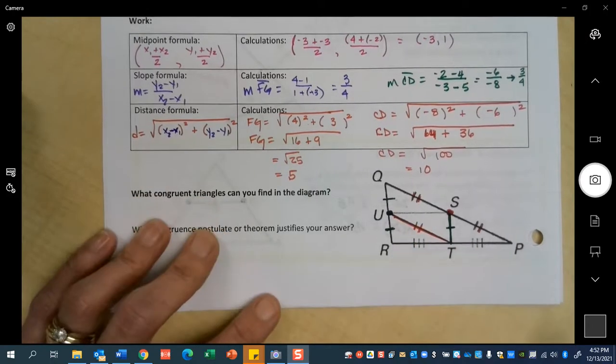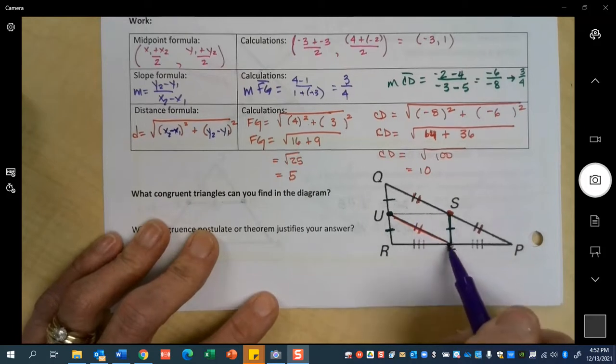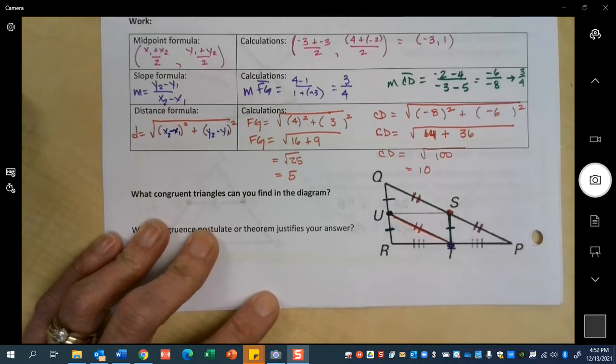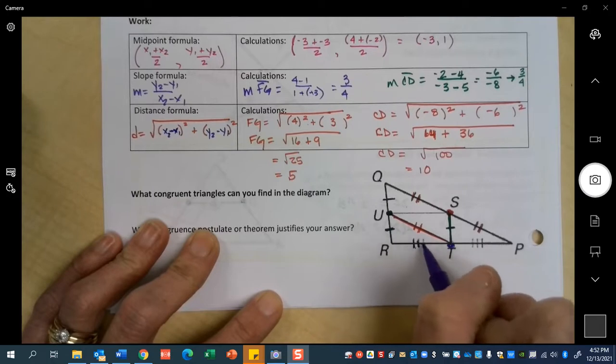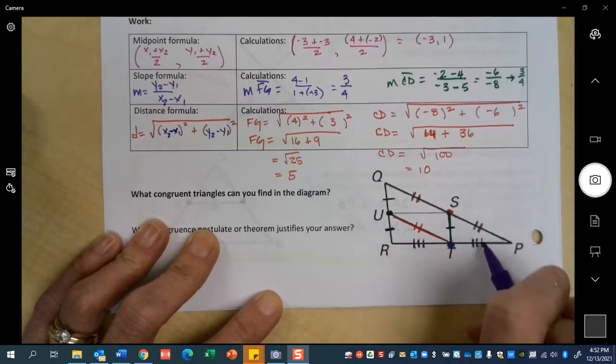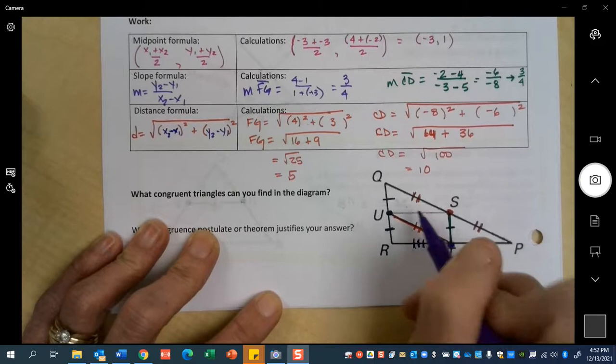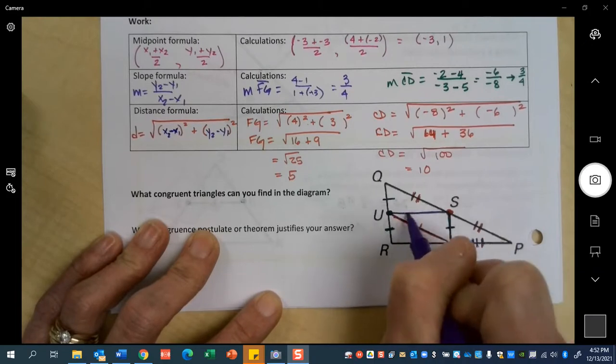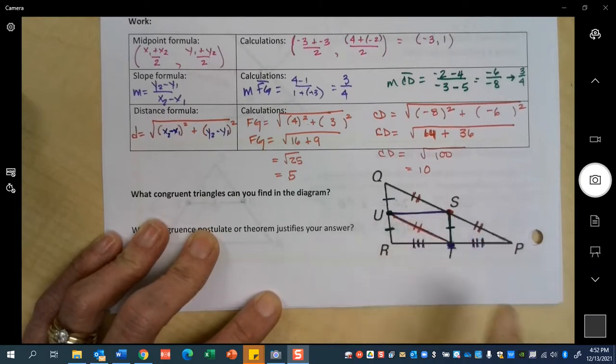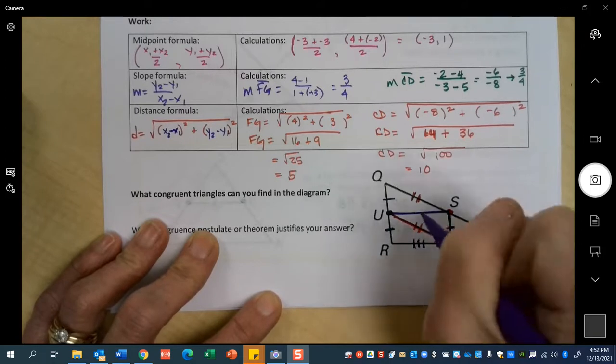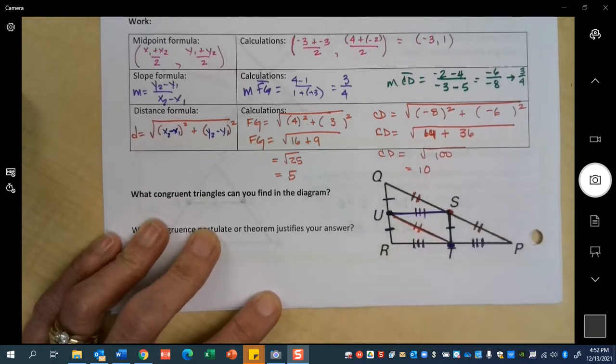Can you guess what I'm doing next? T is the midpoint of RP, dividing this segment into two congruent pieces. US is the midsegment that is parallel to RP and half as long.